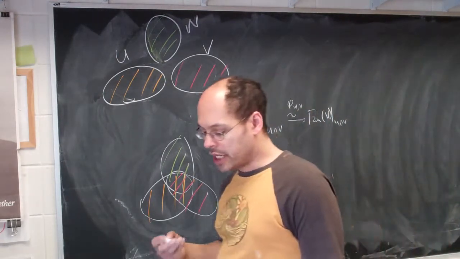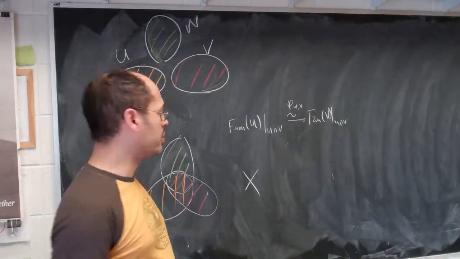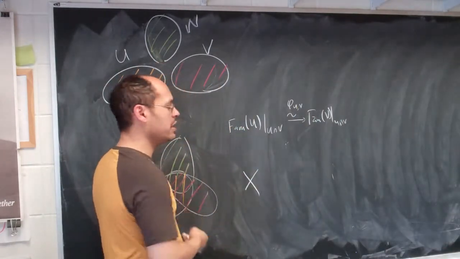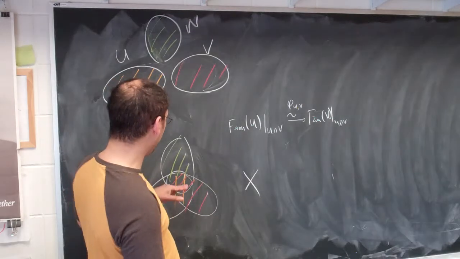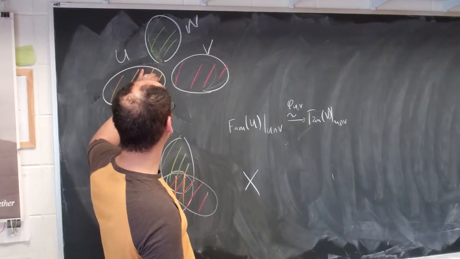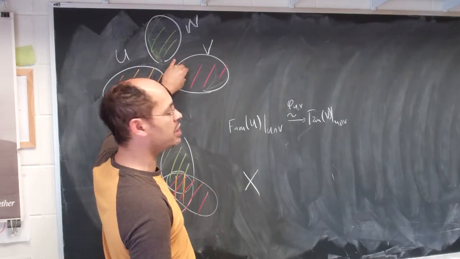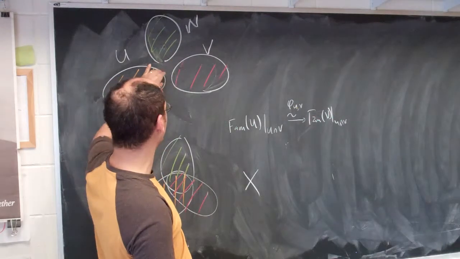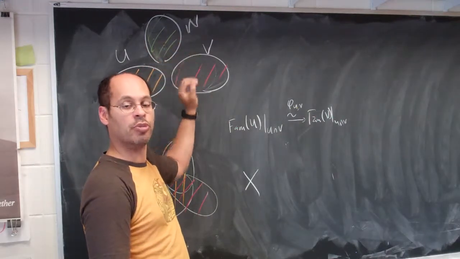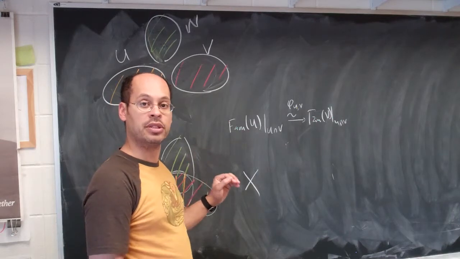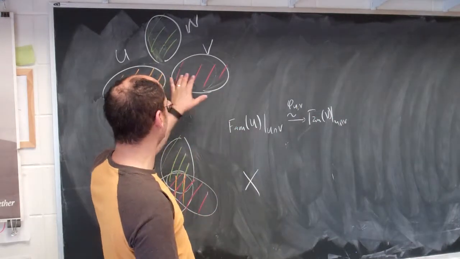And these identifications need to be compatible with respect to triple overlaps. That is, if I look at my identification of U with W and W with V, then that gives me one identification of U and V on the place where all three open sets overlap, and that should be the same identification that I pick with U and V originally.